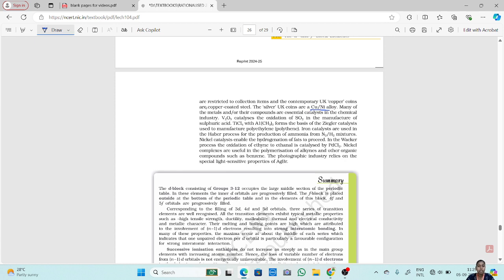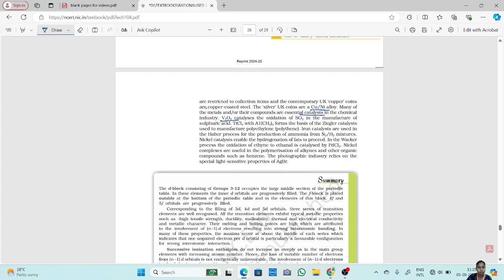Now many of the metals and their compounds are essential catalysts in the chemical industry. So they can also be used as catalysts in chemical industries. Now vanadium pentoxide catalyzes the oxidation of sulfur dioxide in the manufacture of sulfuric acid.